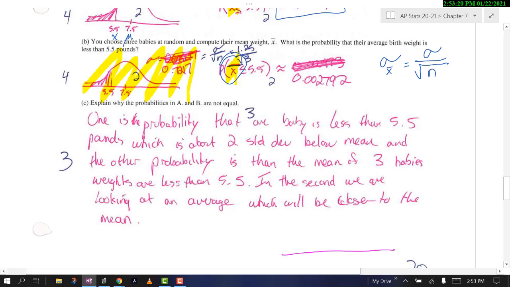Plus, look at the distribution. Got 5.5 here, and the mean value that's 7.5.